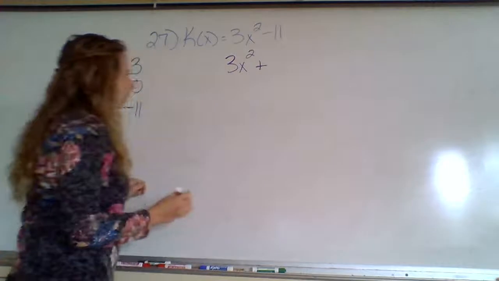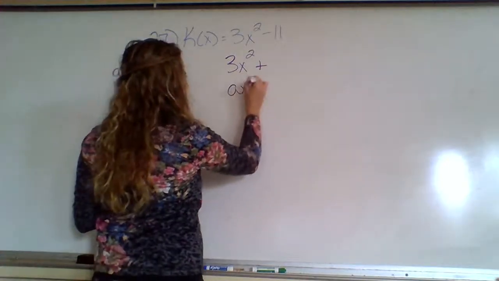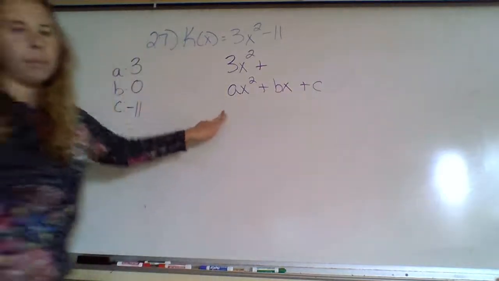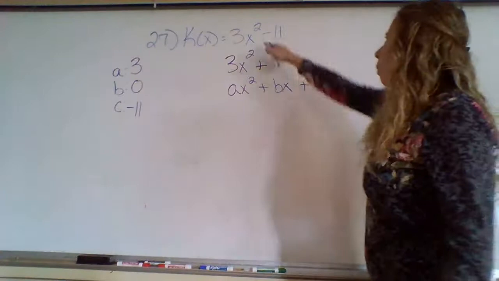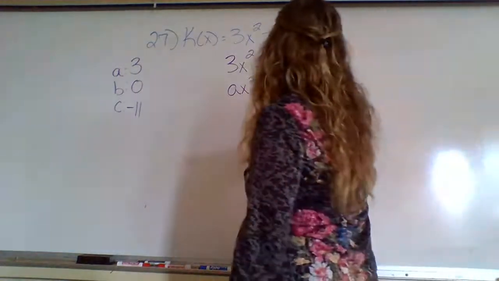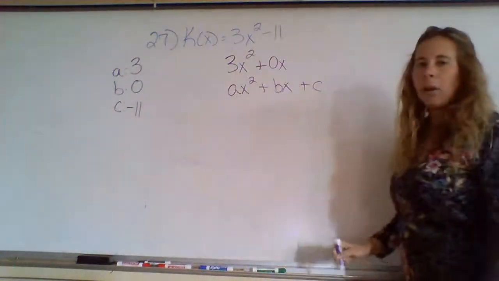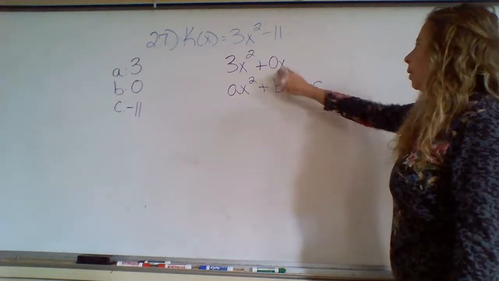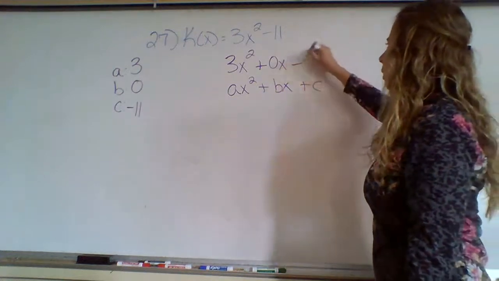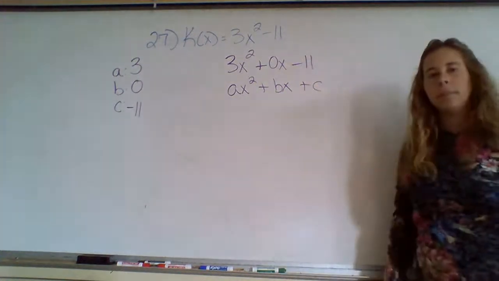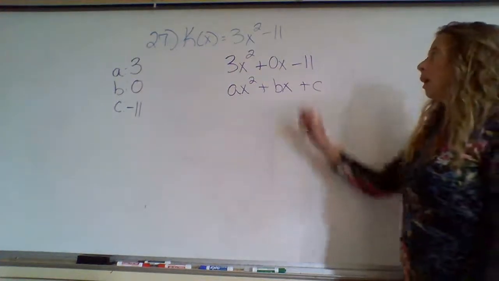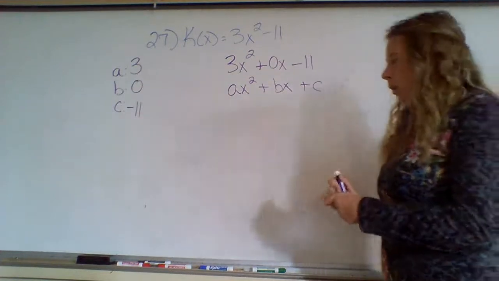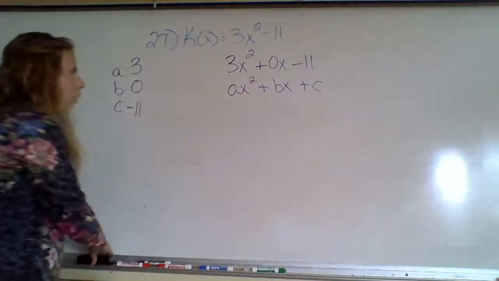We're looking for standard form, ax squared plus bx plus c. So it's 3x squared plus 0x minus 11. There is no bx because 0 times x is 0. If it's not there, that means it is 0.